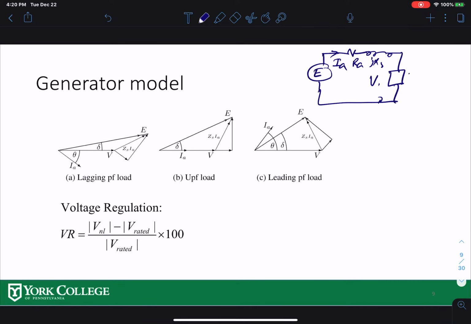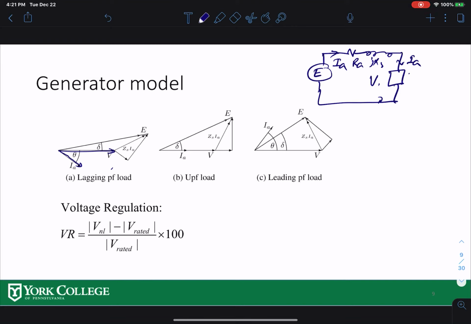Now if I have this voltage over here, which is the terminal voltage, and this is the current, it's a lagging power factor load. So the current IA is lagging the voltage by some angle. Remember that voltage and current are in the same phase for a resistive load.